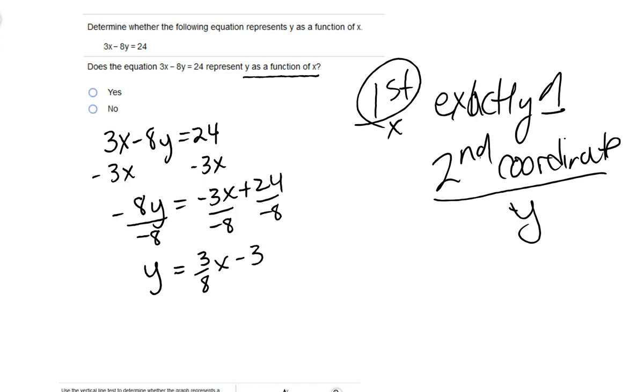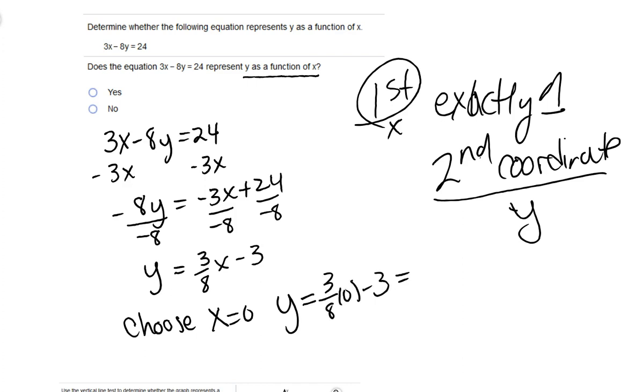And we will see that if we choose a value of x, like x equals 0, we'll find that y equals 3/8 times 0 minus 3, and that simplifies to negative 3. So we chose a value of x, we have a first coordinate, and it's corresponding to exactly one second coordinate.